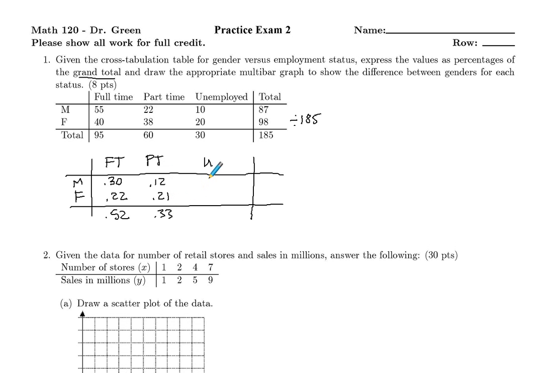In the third column, dividing by 185, we get 0.05, 0.11, and 0.16. And in the fourth column, dividing everything by 185, you get 0.47, 0.54, and then 1.00. So 185 divided by 185 is 1, or 100%.